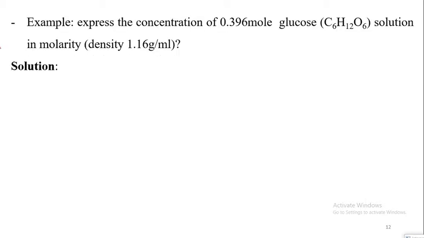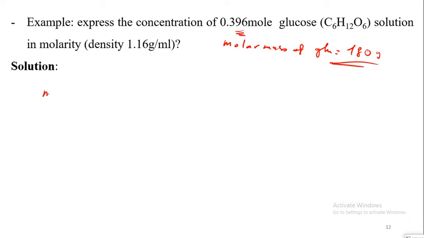Let's take an example. Express the concentration of 0.396 moles glucose solution in molarity. If I know the number of moles here, and I know that the molar mass of glucose is equal to 180 grams, this means I can calculate the mass of the whole solution.